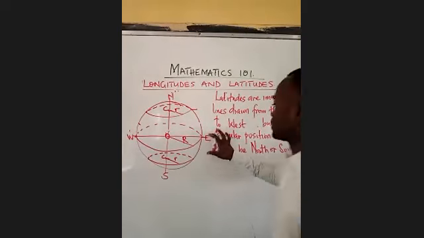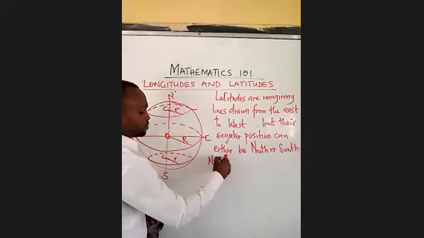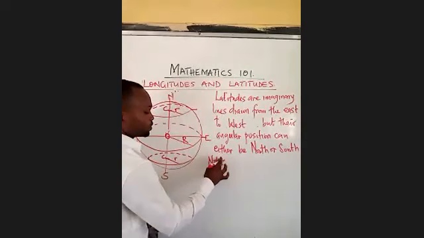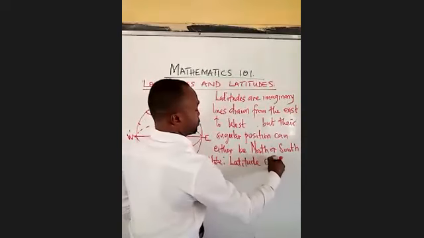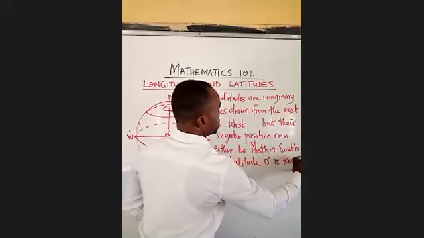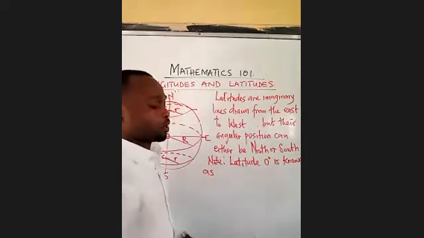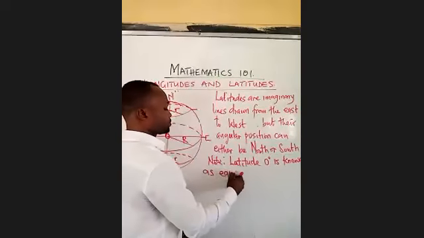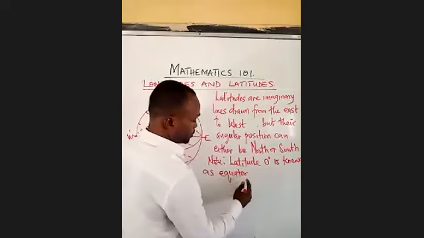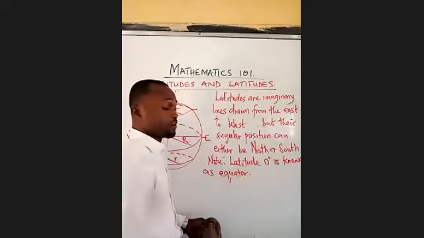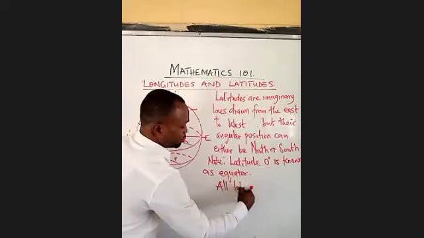So don't forget, once again, latitude 0 degree is known as, what do we call latitude 0 degree? We call it what? Equator, which is the only what? Great circle.